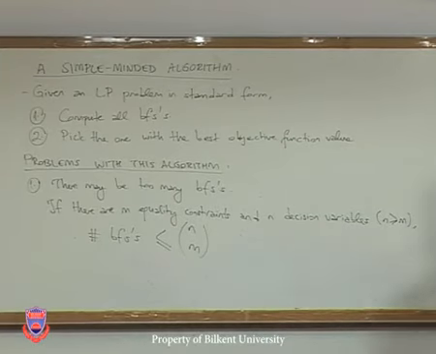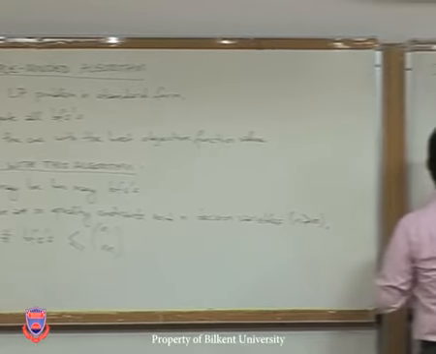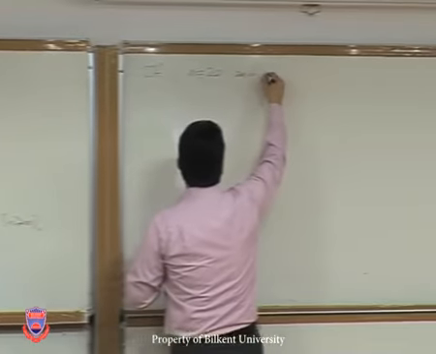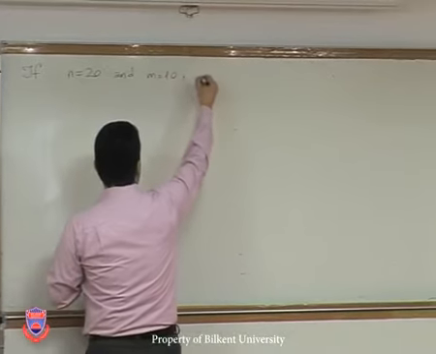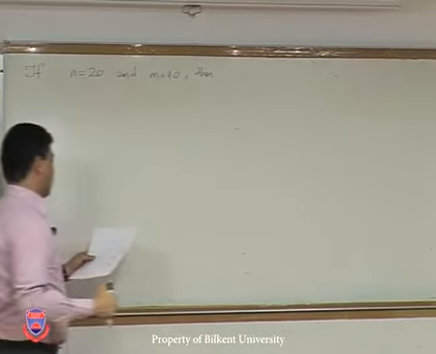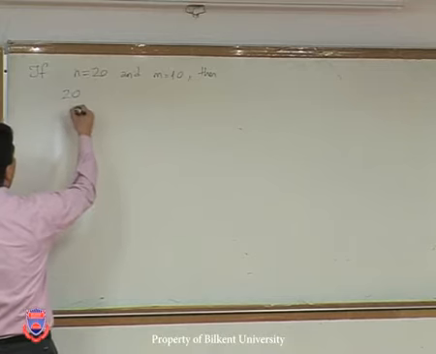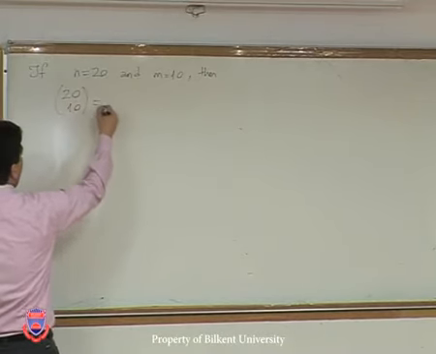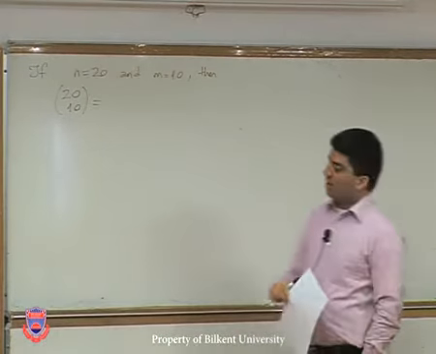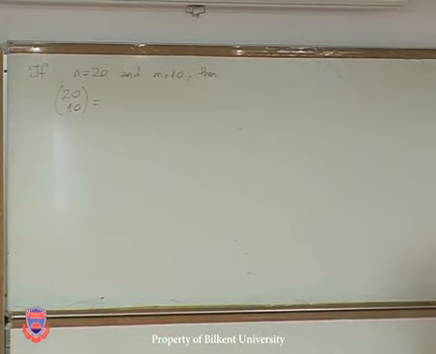All right, so let's look at an example. For example, if I have 20 decision variables and 10 equality constraints, then I'm going to give you what this number is for these values of n and m. So if I have 20 variables, then the number of ways that I can pick 10 variables out of 20 is given by 20 choose 10.